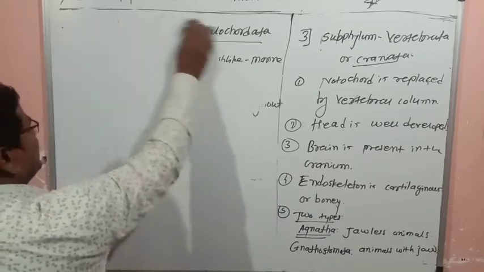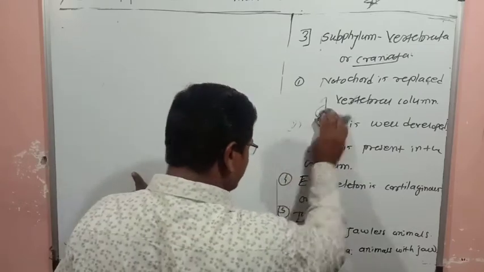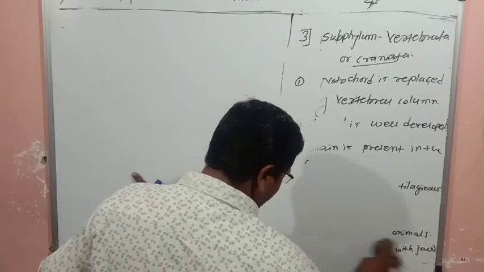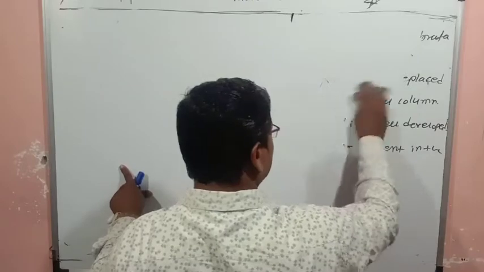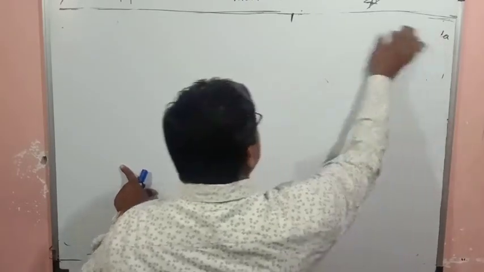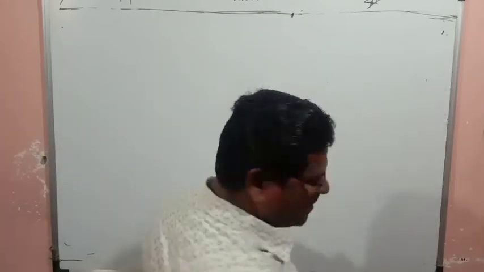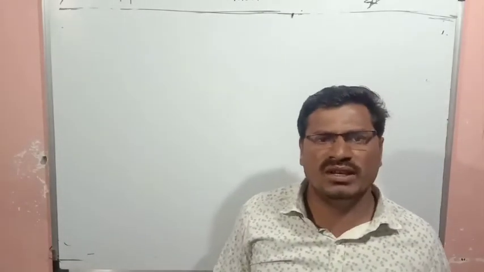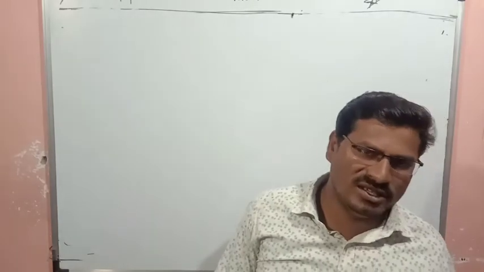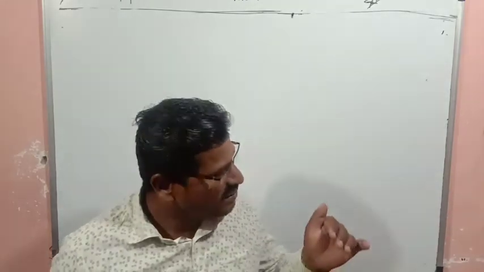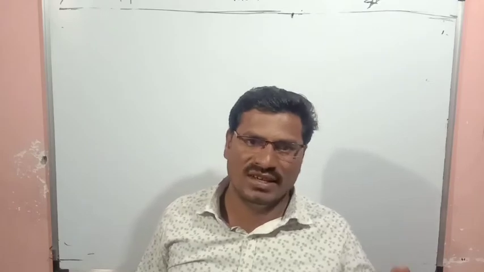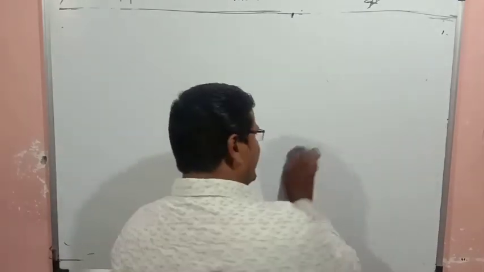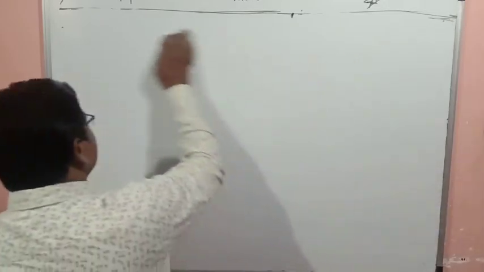Which are those 6 classes? First is Cyclostomata, second is Pisces, third is Amphibians, fourth is Reptiles, fifth is Aves, and sixth is Mammalians. So subphylum Vertebrata is divided into 6 classes.